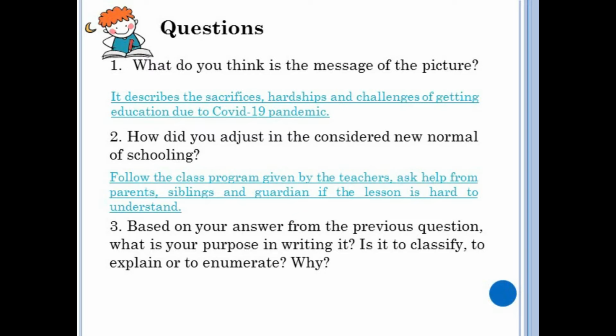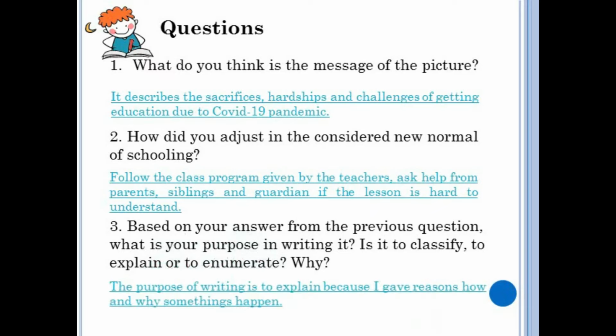Based on your answer from the previous question, what is your purpose in writing it? Is it to classify, to explain, or to enumerate? Why? My answer is, the purpose of writing is to explain because I gave reasons how and why something happened.